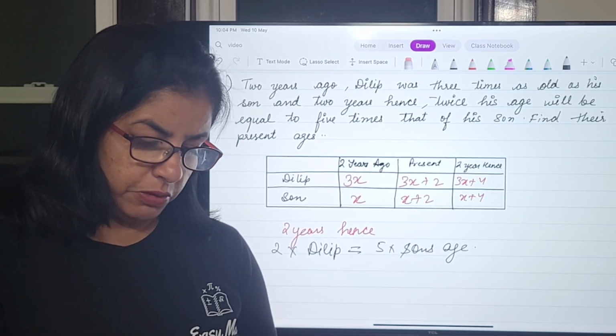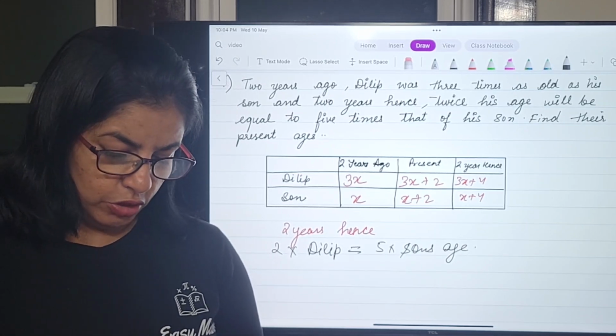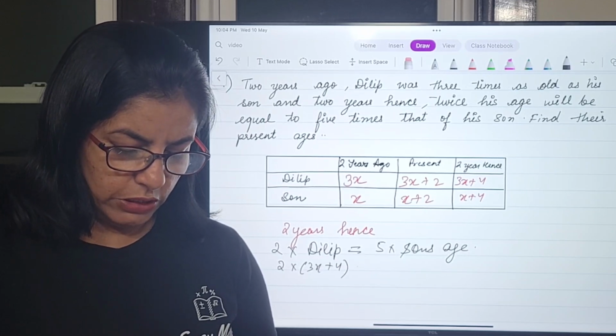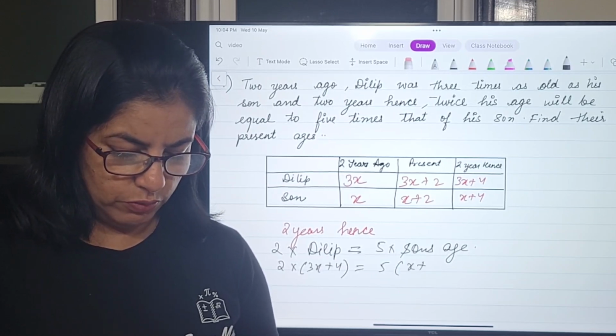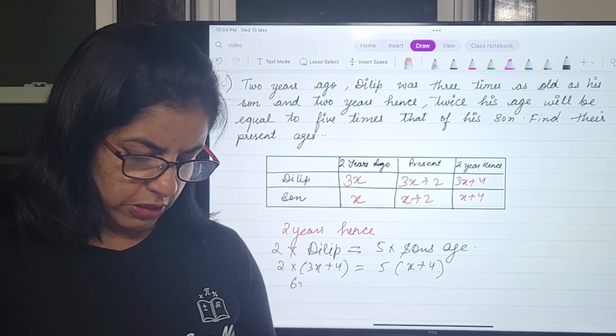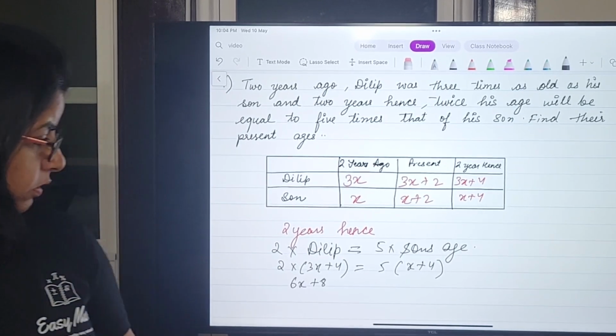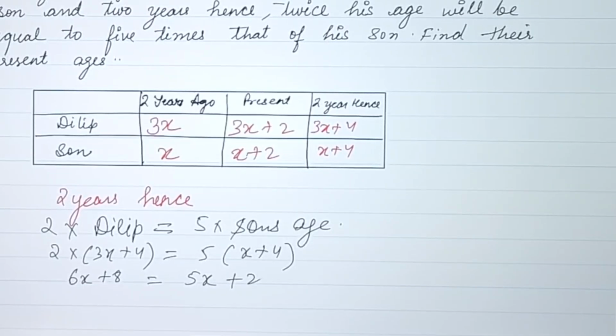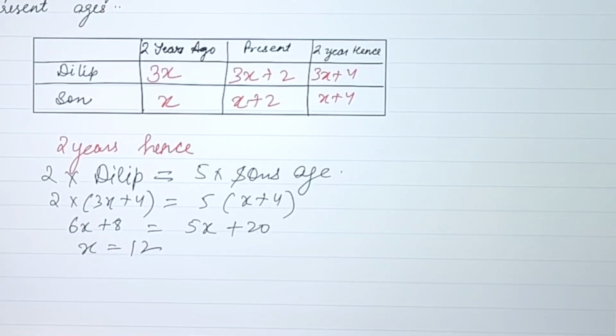So we have Dilip's age 2 years hence. 2 into 3x plus 4 is equal to 5 into x plus 4. Let's solve it out. 6x plus 8 is equal to 5x plus 20. So you get x is equal to 12. That means 2 years ago the son's age was 12 and that of Dilip was 36.